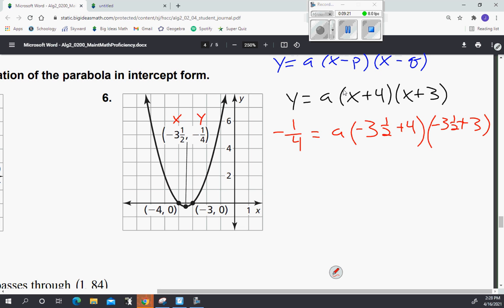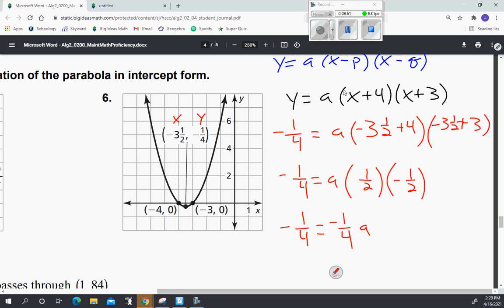Okay, simplify. -1/4 equals a times -3.5 plus 4, that's 1/2, times -3.5 plus 3, that's -1/2. So I get -1/4 equals a times 1/2 times -1/2, which is -1/4 a.